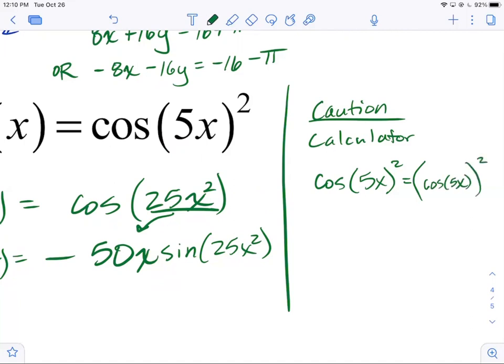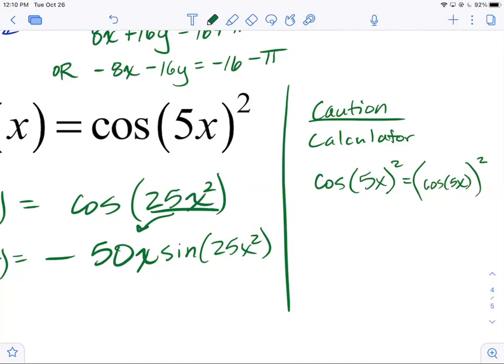When you close the angle and then square it, your calculator thinks you're squaring the entire function. That's just on the calculator. And I don't know why they programmed it like that, because that's not math. That's not how math works. They are actually not equal in the real world. So keep that in mind.